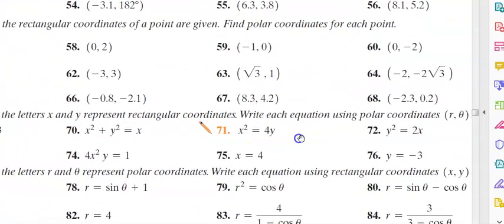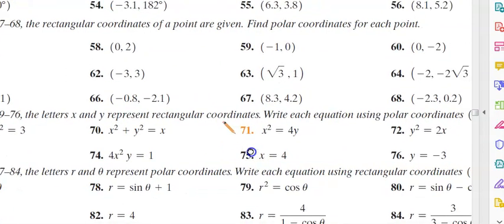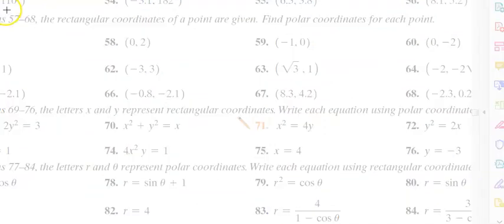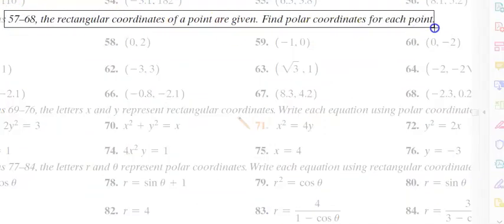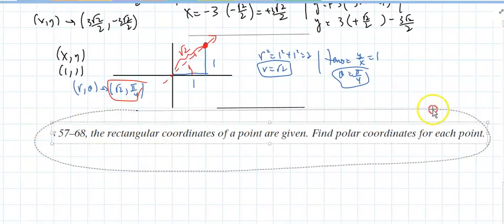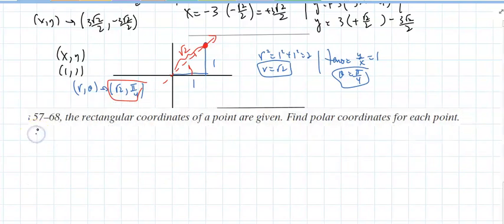Now, if I want to go the other way around, that is, if I want to go from r and theta to x and y, or x and y to r and theta, on numbers 57 through 68, we have the rectangular coordinates of a point given. We would like to convert to the polar form, and here we go.